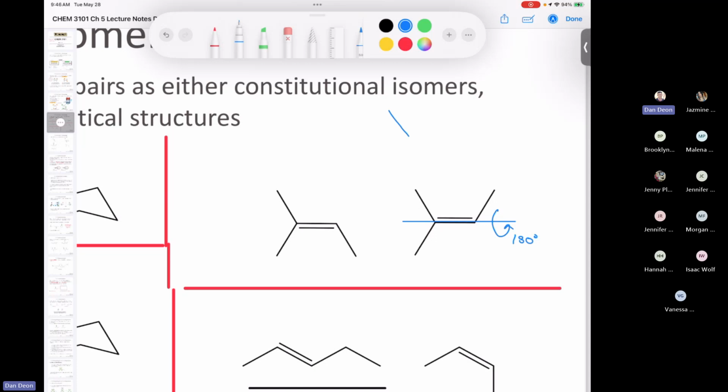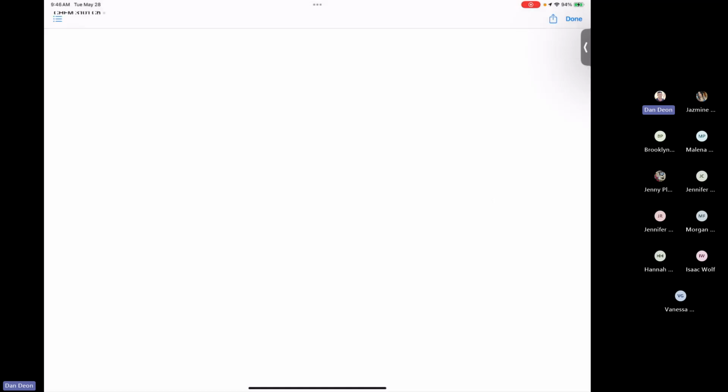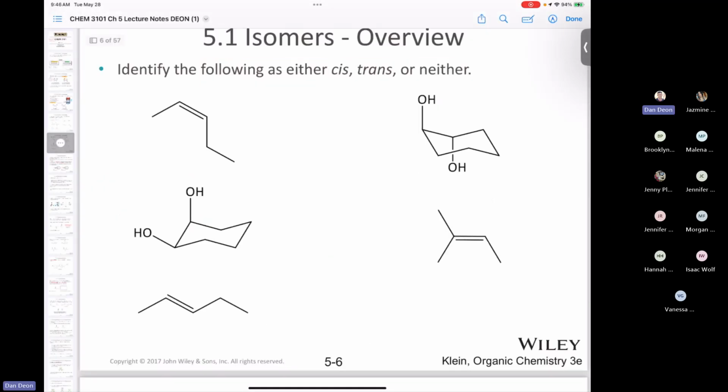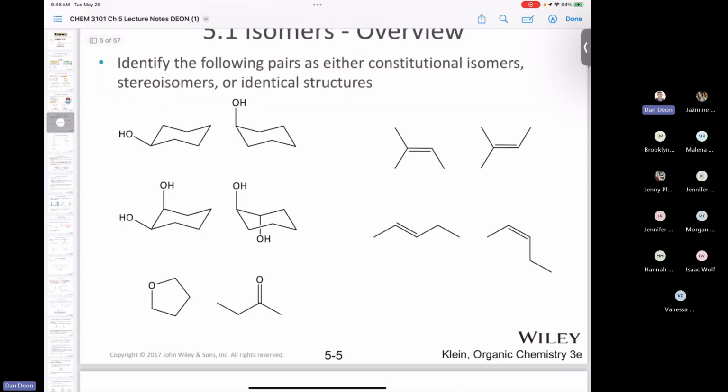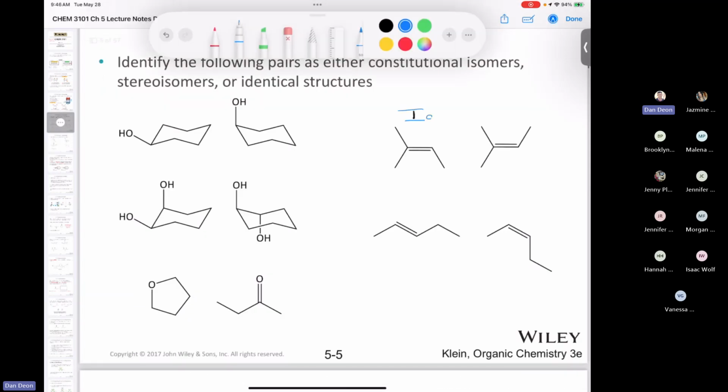We'd end up with this, okay, our double bond, and we'd have our bond down like this. So you can see that those two compounds are identical. So we'll put identical here, and we'll put identical here because we solved those ones.